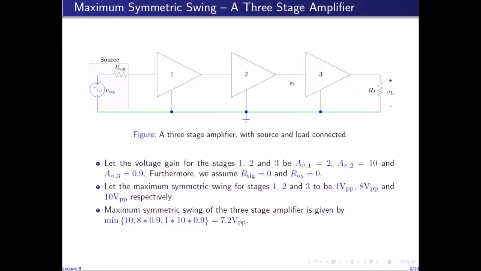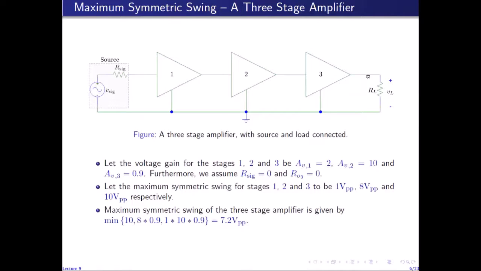So we get 11.11 volts, and then divided by 10, we get the input voltage here as 1.11 volts. And then divided by 2, we get the input voltage here as 0.55 volts peak to peak. So as soon as the voltage here increases beyond 0.55 volts peak to peak, this output tries to go beyond 10 volts peak to peak, which is not possible. So it will be clipped. The final output will be clipped.